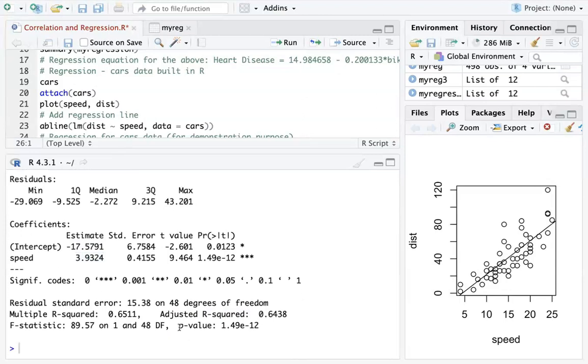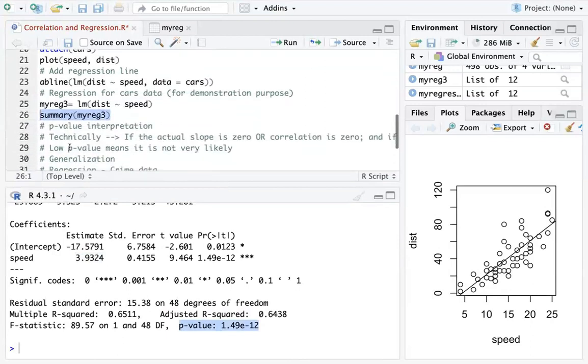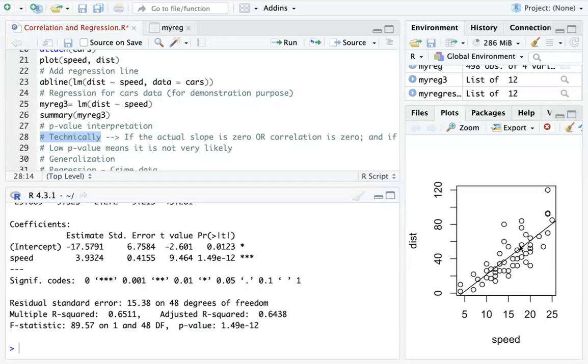Now, about this p-value, we describe it in two ways. First of all, technically. Technically, we say: just imagine that this slope is 0. If we collect data and conduct this regression analysis, what is the probability that this result is just by chance, or by error, or due to some problem in our data?